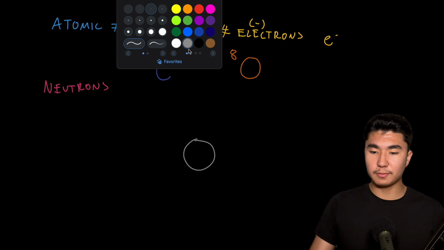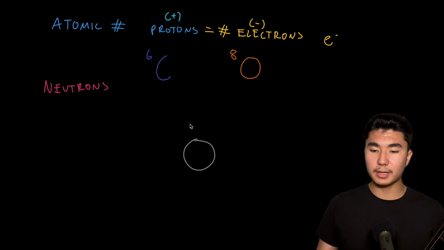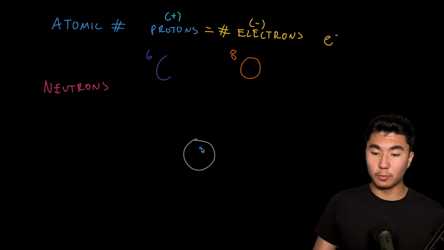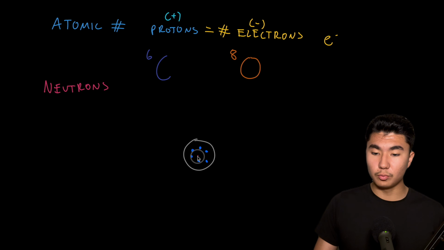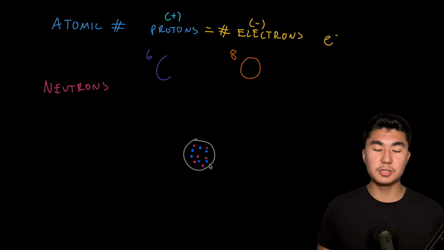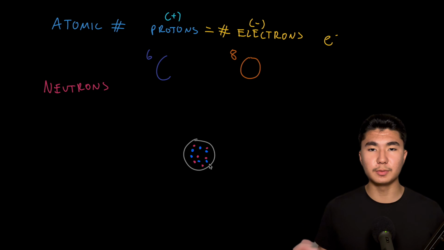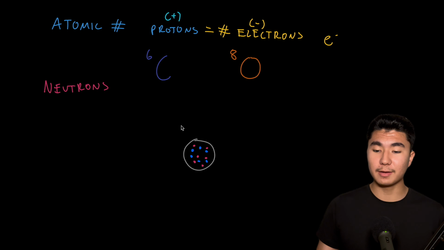In the middle of our atom, we're going to have a couple of protons. If we're looking at carbon, we'll have 1, 2, 3, 4, 5, 6. And neutrons, we will have 1, 2, 3, 4, 5, 6. This is assuming we don't have any isotopes, which we'll get into in another video. So we have 6 protons, 6 neutrons in the middle.